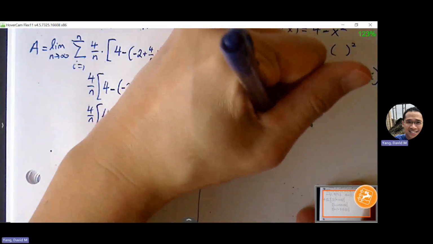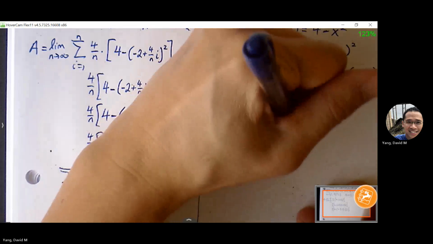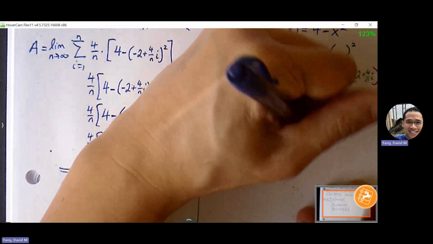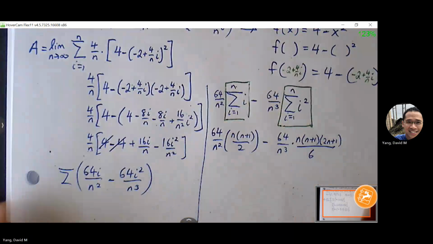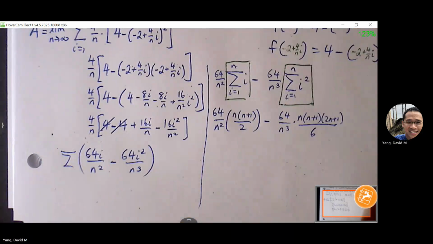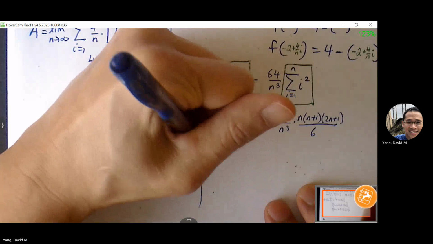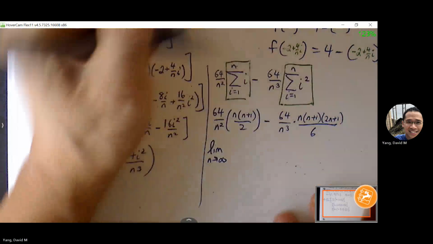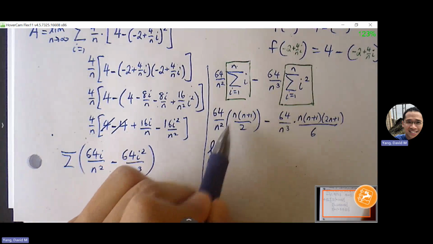Summation i squared is n times n plus 1 times 2n plus 1 all over 6. And now we're going to involve the limits, clean some things up, and we only care about, within each fraction, we only care about what?